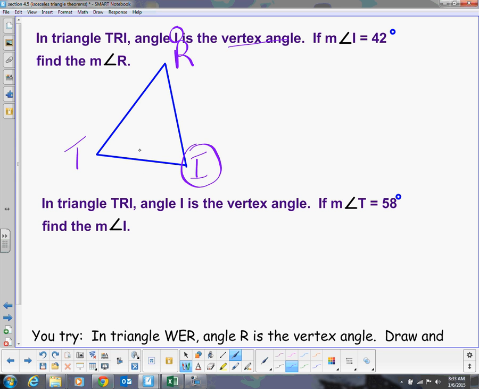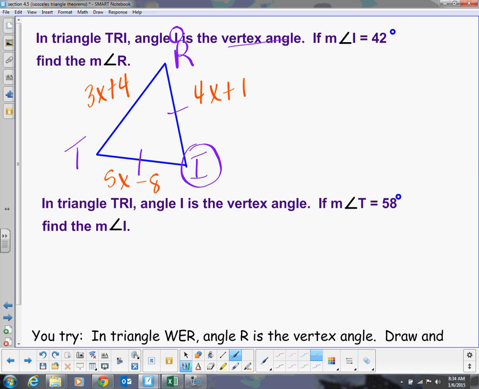T, I, and this is what I will do on the test. I will tell you this is 3x plus 4. I may tell you that this is 4x plus 1, and I might tell you that this is 5x minus 8. And I will ask you to find x.